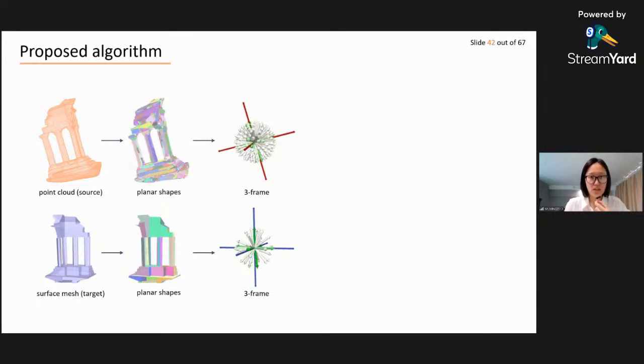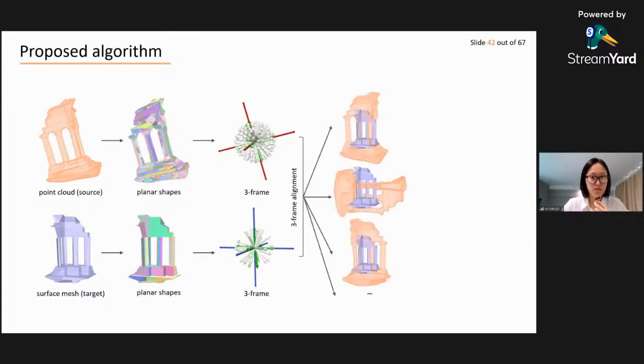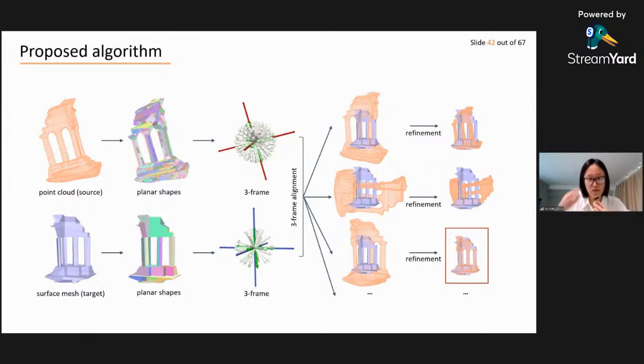These axes are not necessarily orthogonal to each other. The pair of 3 frames are aligned, leading to a total of 24 possible rotations. The refinement step takes each candidate rotation and estimates a final similarity transformation. The result with a minimal loss is kept as the final output, as indicated by the red frame.